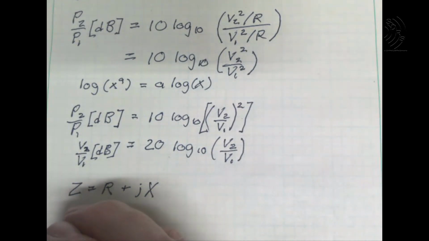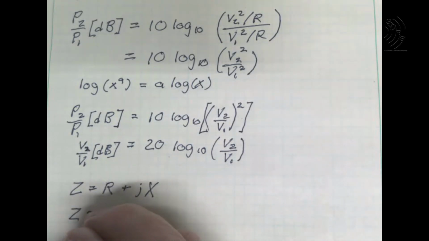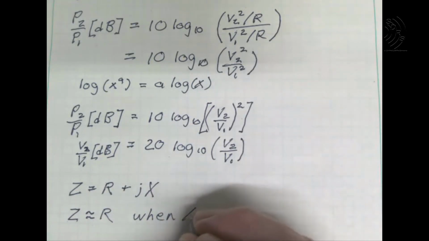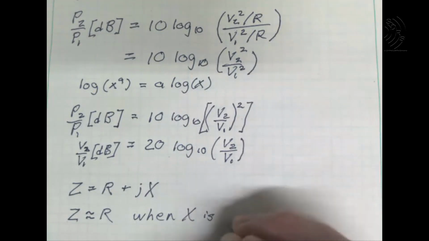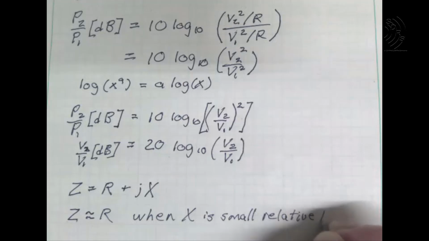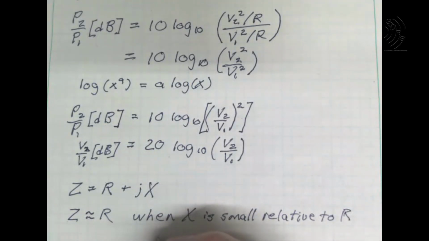So for our derivation here, we're assuming that Z is approximately equal to R when X is small relative to R. And we can also express that as just X is much less than R.